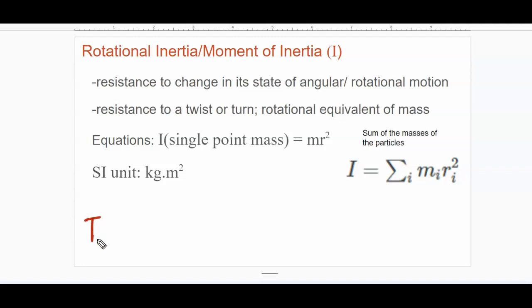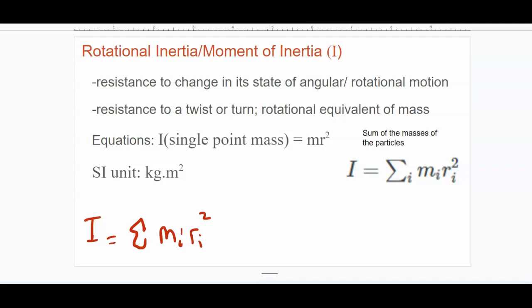Generally speaking, the equation to calculate the moment of inertia for any object is that you do a sum. That means you add up m_i times r_i squared. In other words, you take an object and break it up into pieces. How many pieces you have depends on the situation.